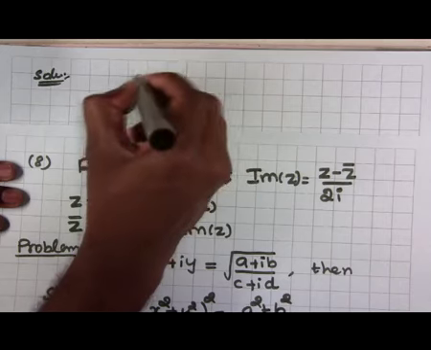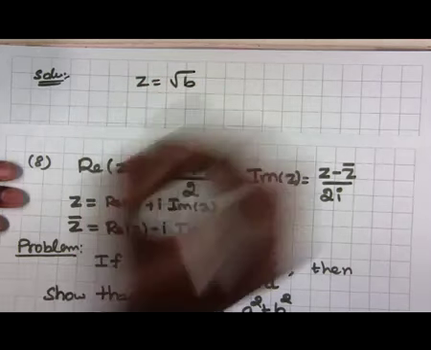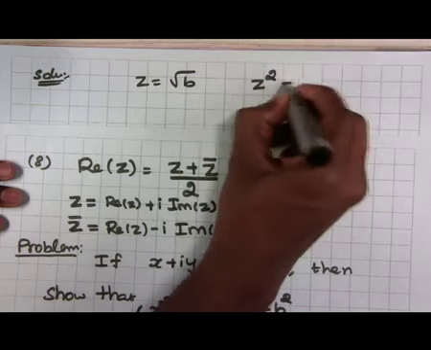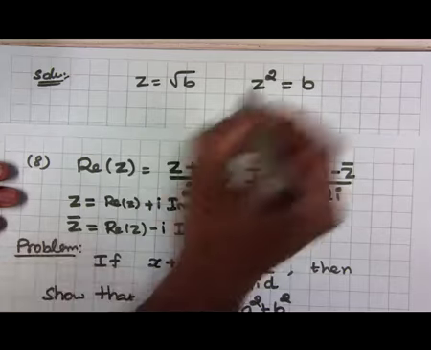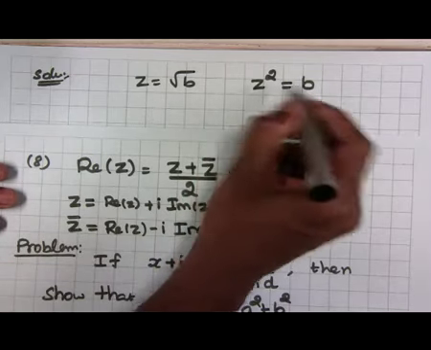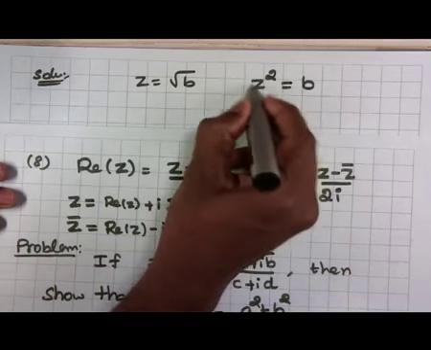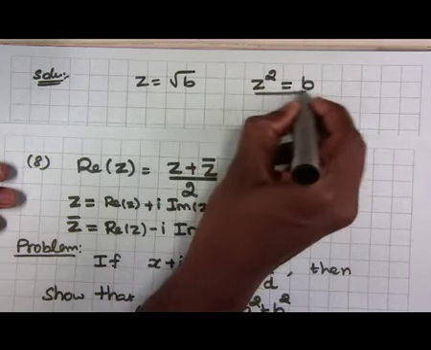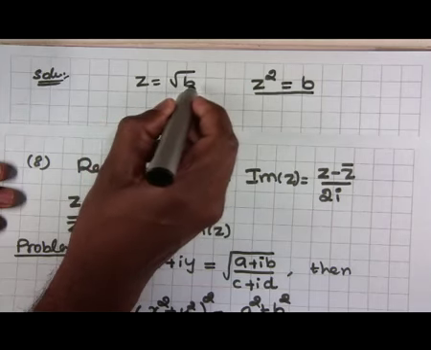I say that z is a square root of some b. By definition, z square is b. We know the meaning of z into z, and that should be equal to b. So, whenever a z satisfies this equation, then we write z equal to square root of b.